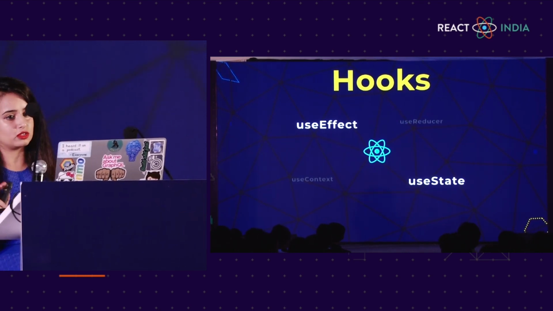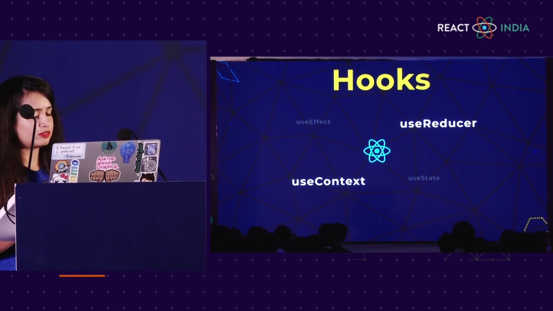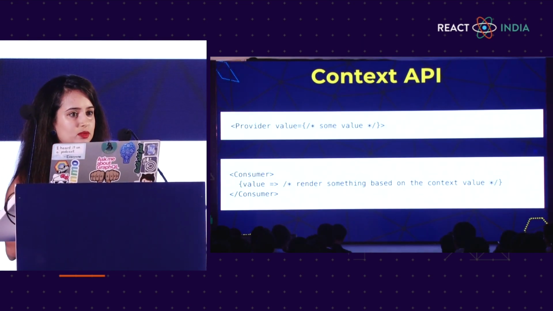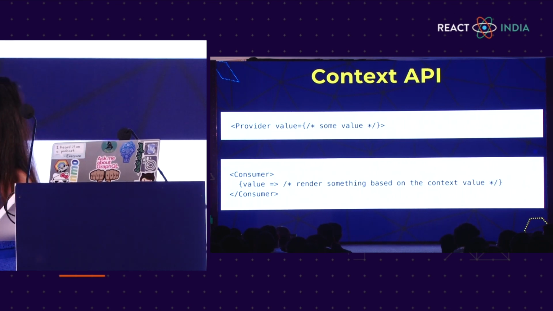The next two hooks: we just talked about useEffect and useState, and now I'm going to talk about two different hooks, useReducer and useContext. I think a lot of you would be familiar with these two concepts at least. If you're familiar with the context API, useContext is basically similar. In the context API, you have a provider at the top, you pass in some value, and then all the consumers or all the components can have access to that data.